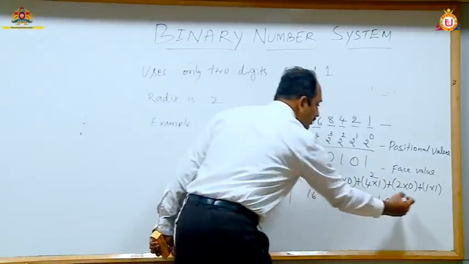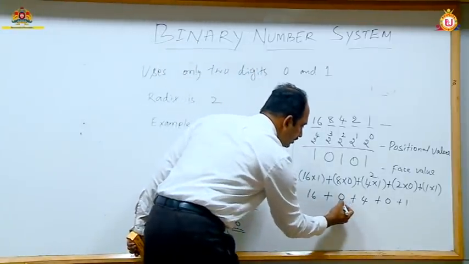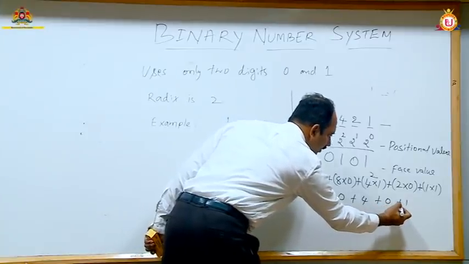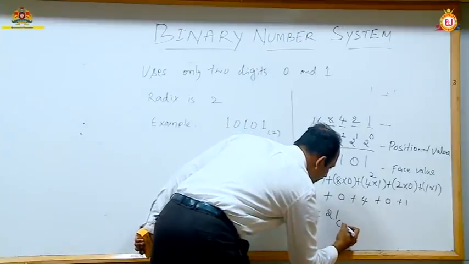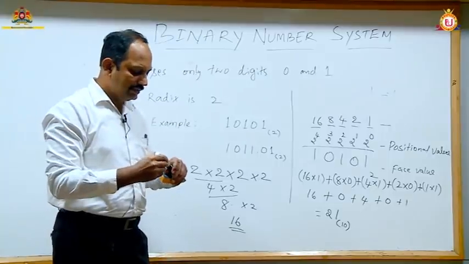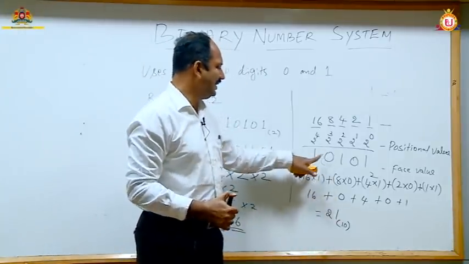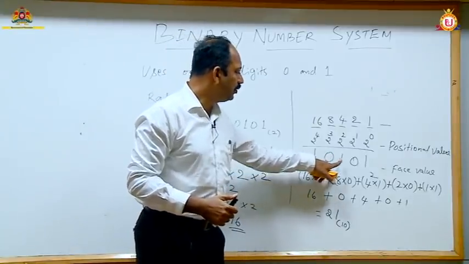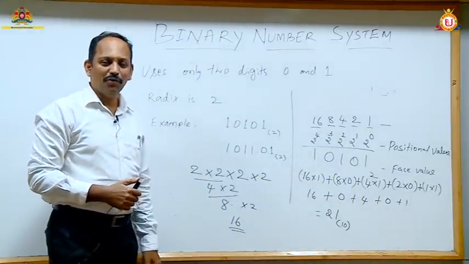Now you add all these numbers. 16 plus 0, 16, plus 4, 20, 20 plus 0, 20, 20 plus 1, 21. This 21 is a decimal number that is represented in the binary number system as 10101. I hope you have understood.